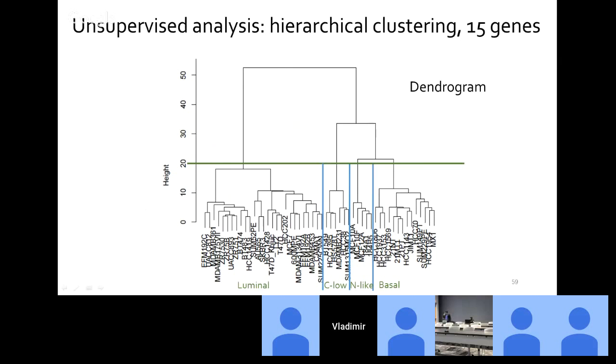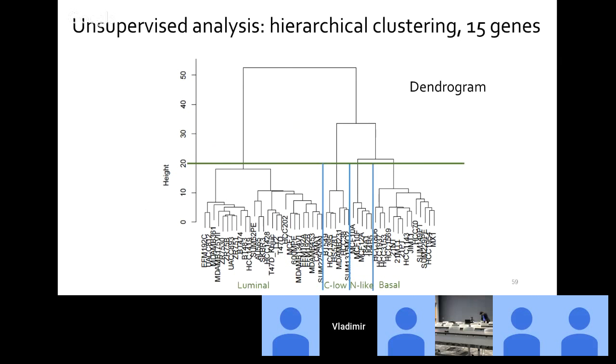And indeed, clinical data exists, and indeed, in the standard classification of breast cancer samples, of breast cancer patients into subtypes, the luminal subtype is further subdivided into two groups, luminal A and luminal B. So what we see here in this simple example, we see at least two facts.